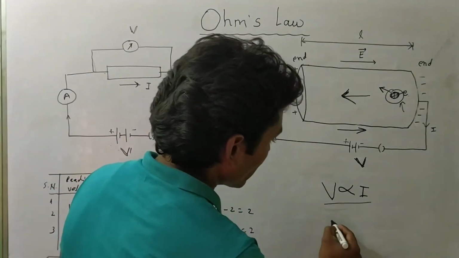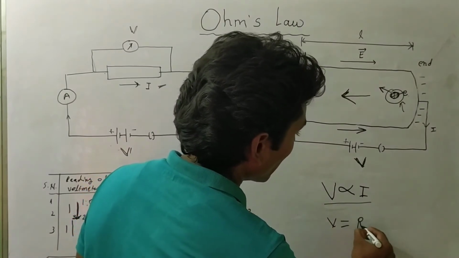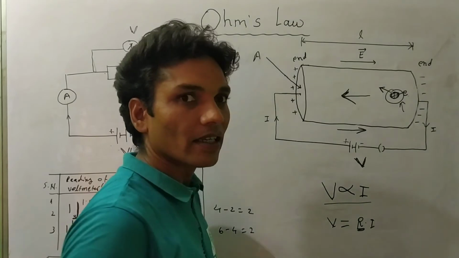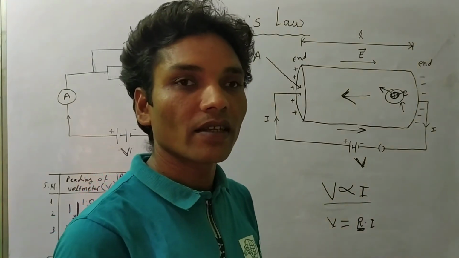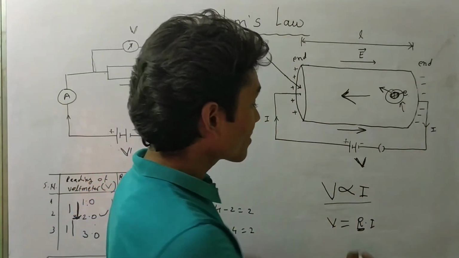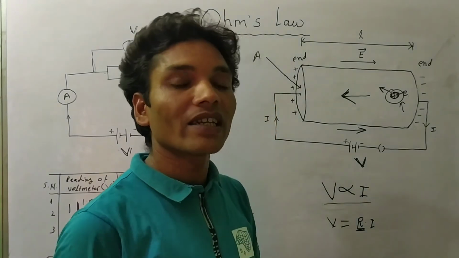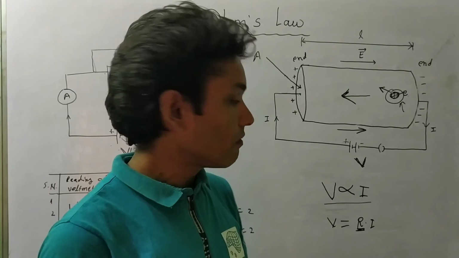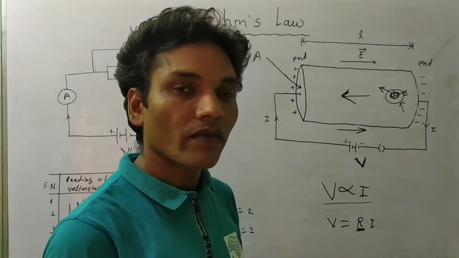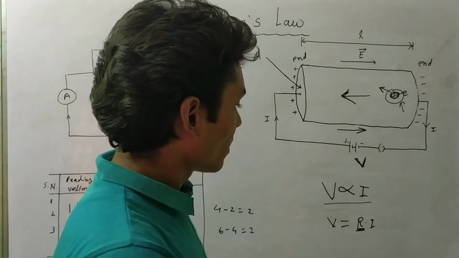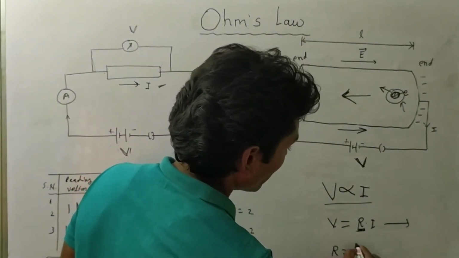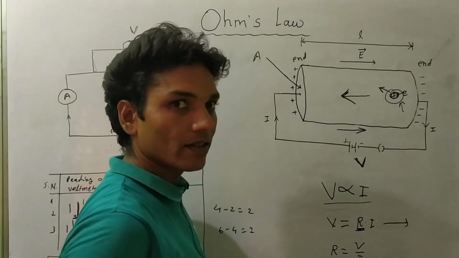It can be written as V equals R into I. Here R is the proportionality constant, and this proportionality constant is called the resistance of the conductor. We will discuss the resistance of a conductor later. So this equation can be written as R equals V upon I.